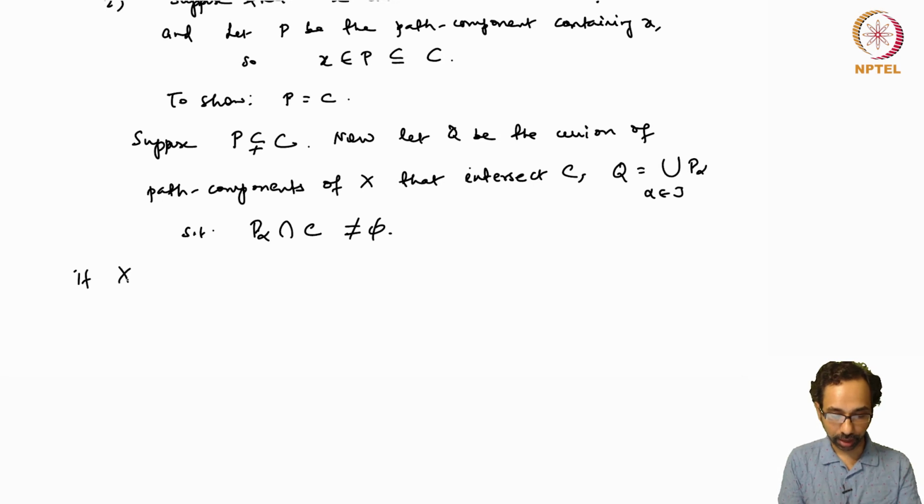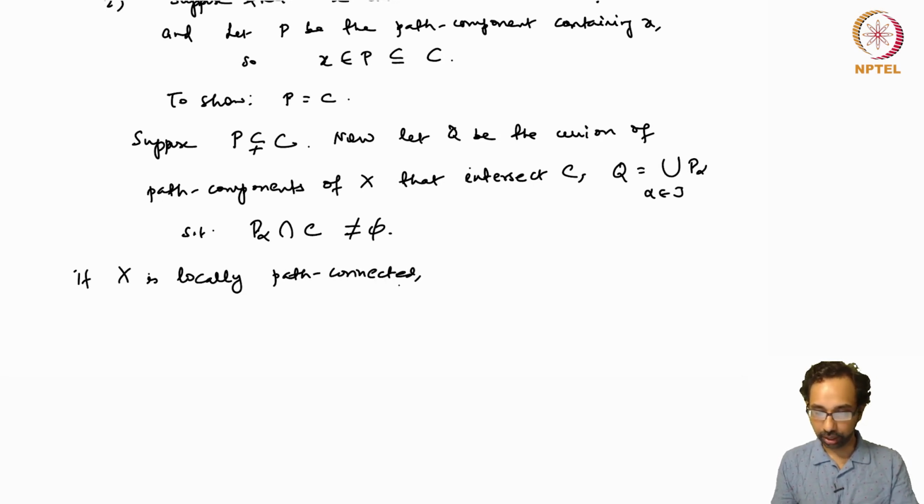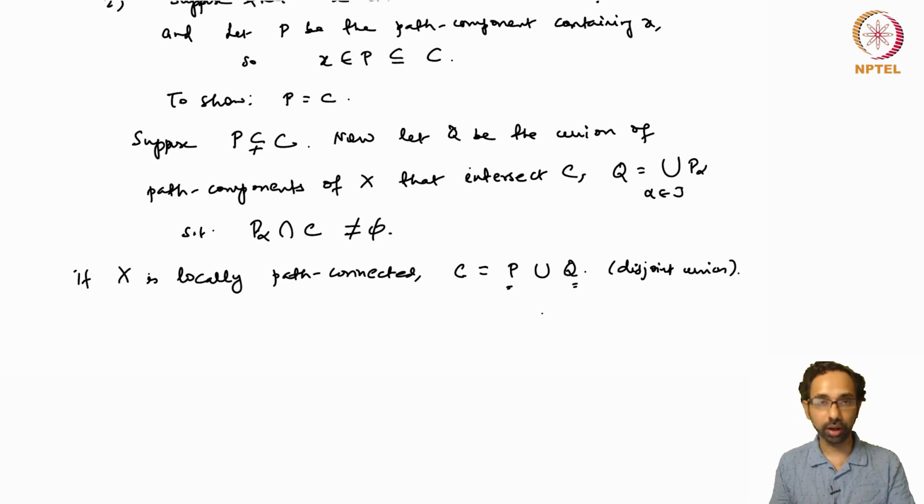So if X is locally path connected, then what we have is that first of all, C is the union of P and Q, because P is one path component and Q is all the other path components of X that intersect C. So C is the union of P and Q, and this is a disjoint union, and the only thing to show is that P and Q are open.